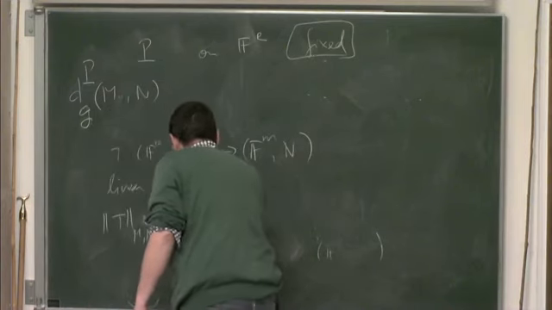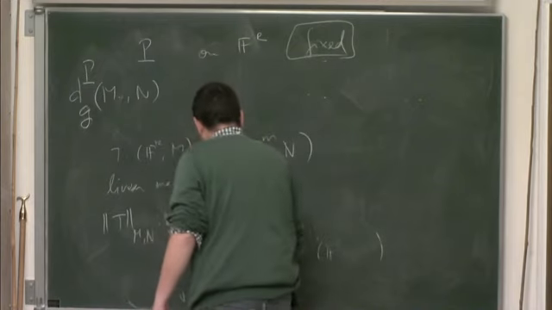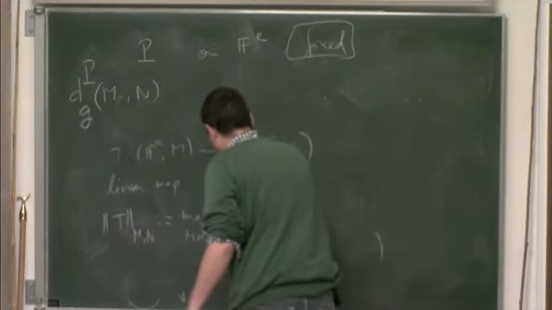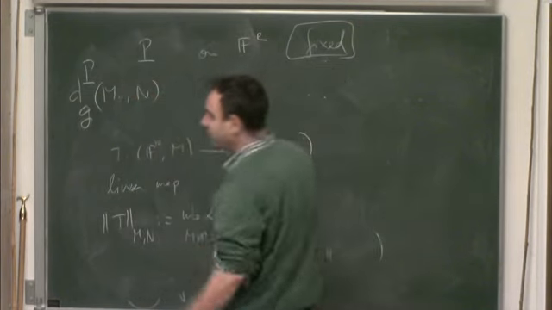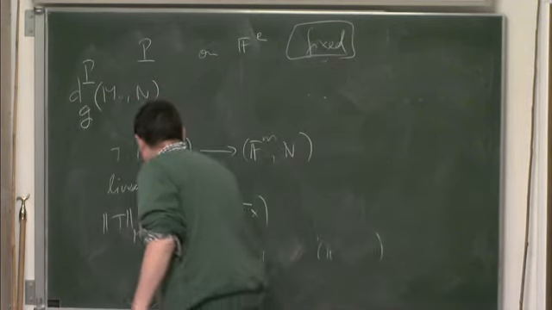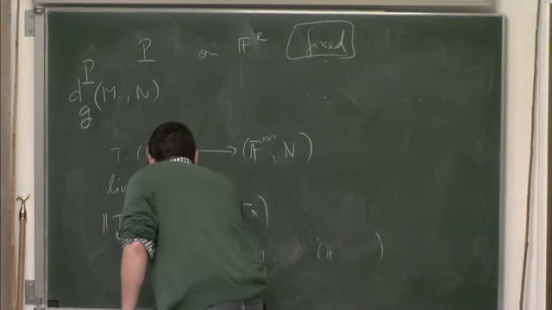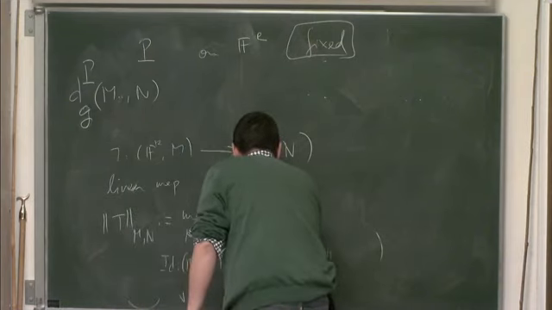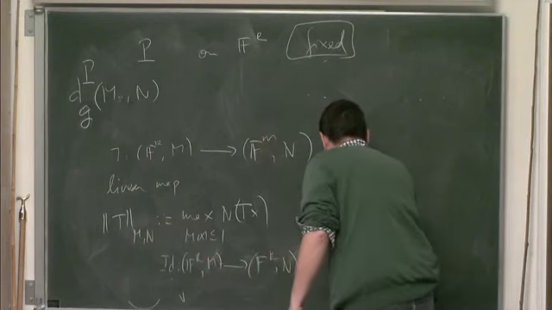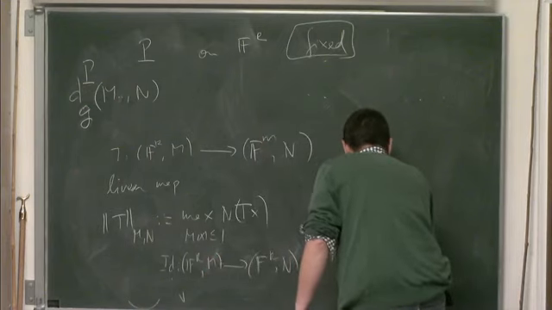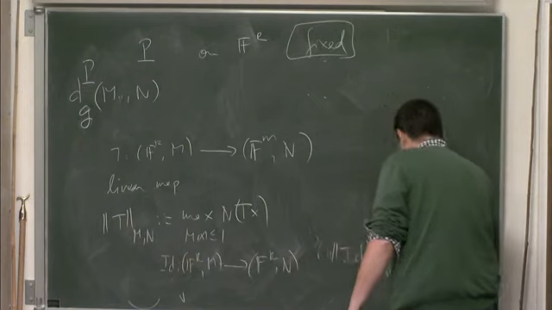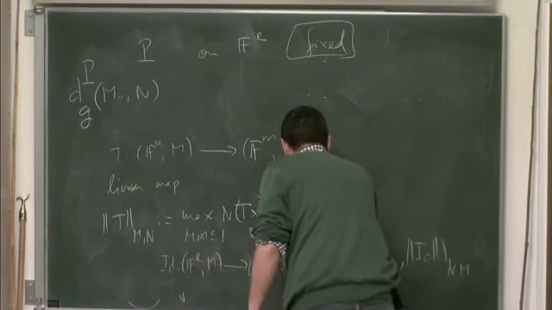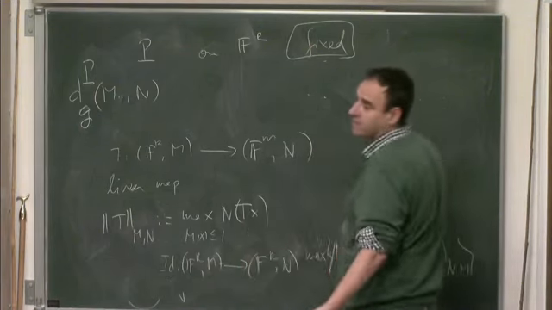You take M of x less or equal than 1, indeed 1, it doesn't matter. You compute T of x, and then you compute N of this. This is the definition. So I take the identity from Fk with M to Fk with N, and I compute the norm, and then I compute the inverse, which is the identity again, and then I take the maximum of the two, and this is the other distance.